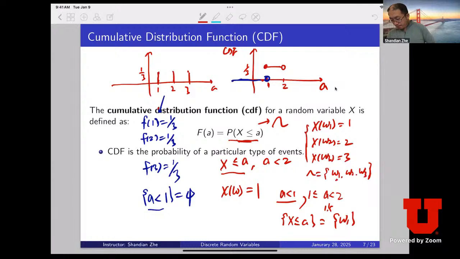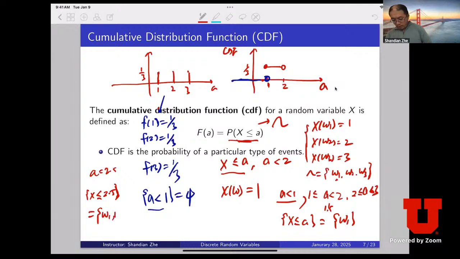So now, if we look at 2 less than or equal to A and A less than 3, right? What's the CDF function? We can take a look. For example, if I put A equals 2.5, what is the event X less than or equal to 2.5? Which elements in the sample space are included?